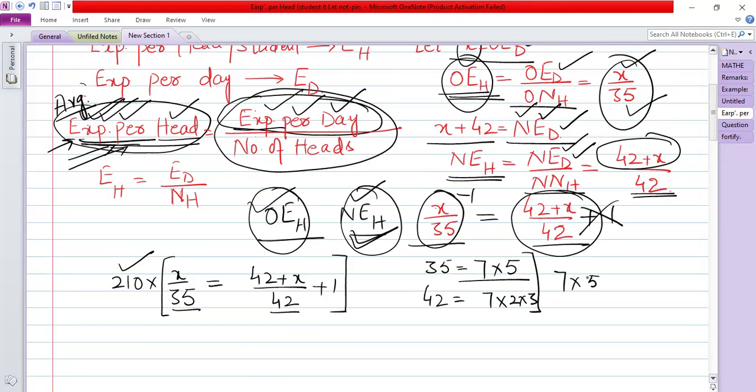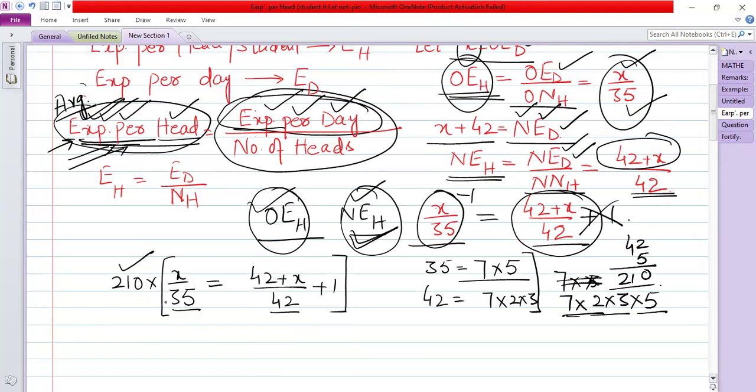So the LCM will be 7 into 2 into 3 into 5. 7 into 6 is 42, 42 into 5 is 210. One can verify that it is 210.